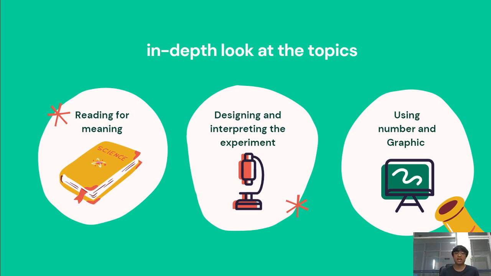And after that, you can interpret the experiment, and then it leads to using numbers and graphics. They will show you graphical information, like a line graph, bar charts, pie charts, or a table of numbers, and they will ask you about the trend of the data. They may also involve statistical problems, for example asking you for the mean, the median, and the mode.